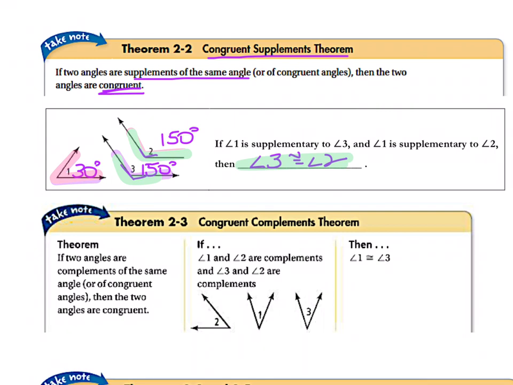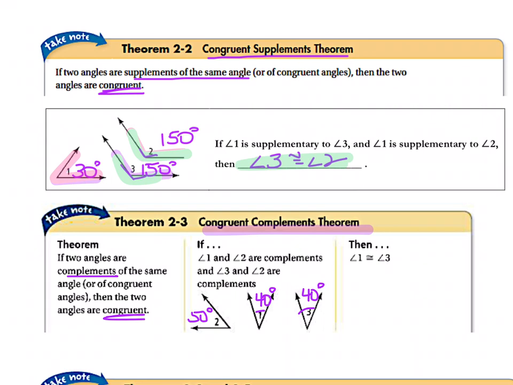Now, the same idea happens with complements, right? So if you have two angles that are complements of the same angle or of congruent angles, then those two angles will also be congruent. So again, if you had complements, let's say that 1 and 2 are complements, so let's say 2 is 50 degrees, and that would make angle 1 40 because they're complements. And if 3 and 2 are also complements, that would force angle 3 to be 40, and therefore you would conclude that angle 1 and 3 are congruent.